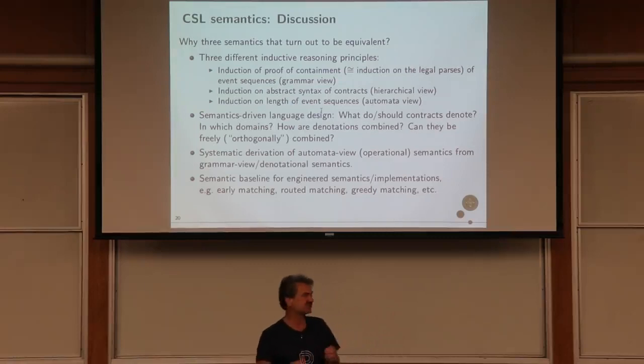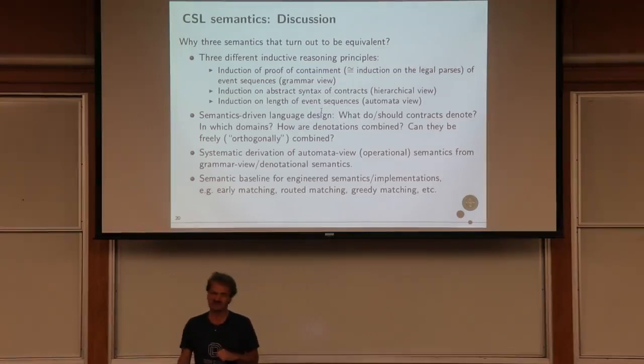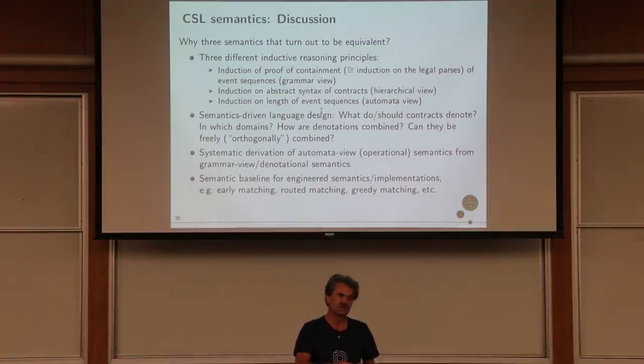And the last one is simple induction on the length of event sequences. That means we have a way of reasoning about the state of a contract after 1, 2, 3, 4, 5, and so on events. And that's the operational semantics.